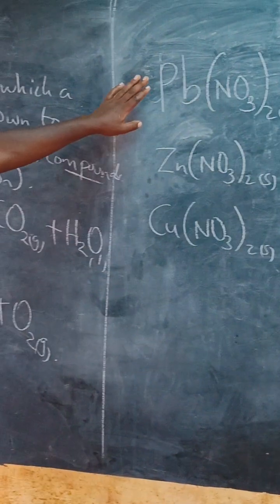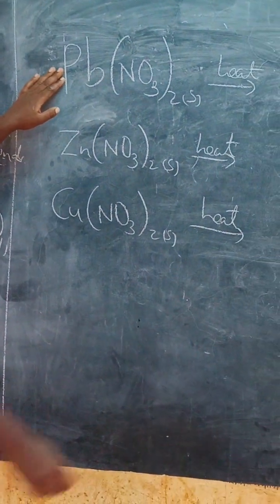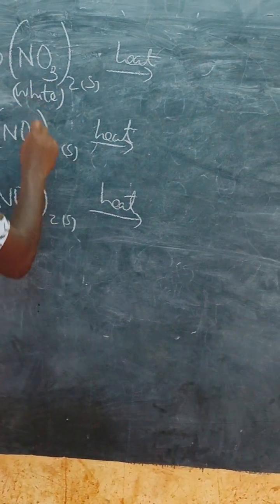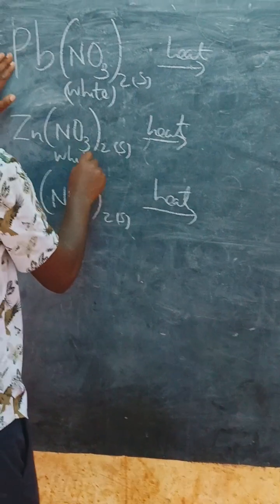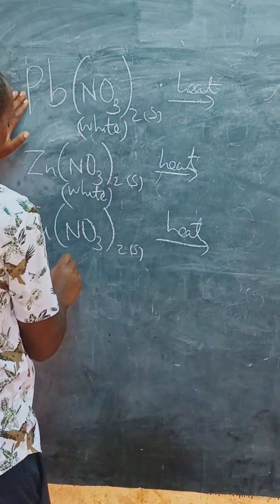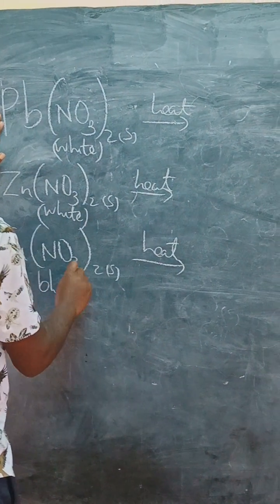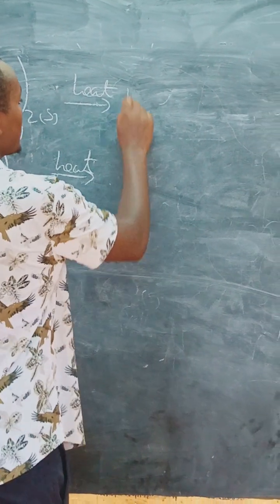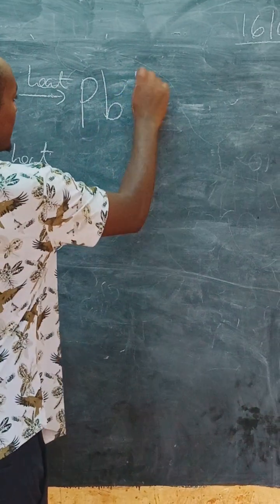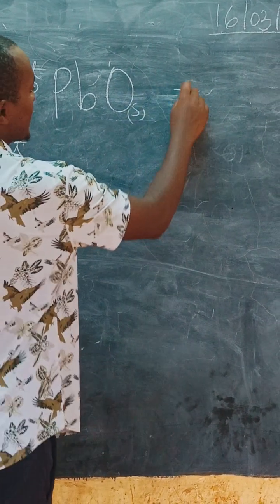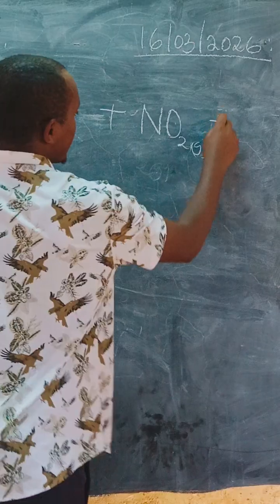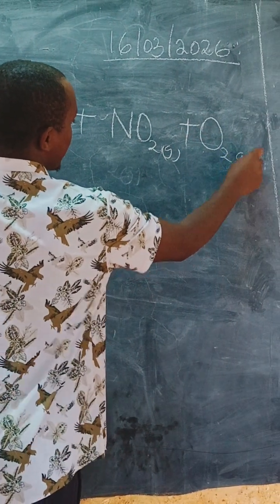So when you heat lead nitrate, which is white, it's going to give you lead oxide, a solid, plus nitrogen dioxide gas plus oxygen gas.